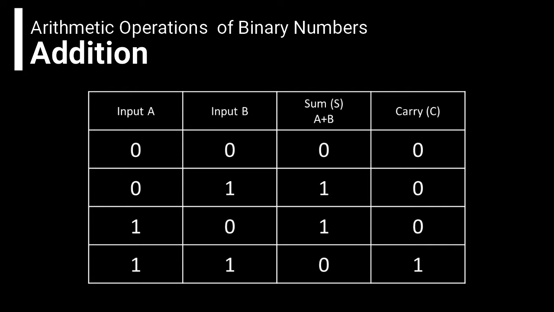First, 0 plus 0 is equal to 0 and the carry will be 0. 0 plus 1, the sum will be 1 and carry will be 0. 1 plus 0 is 1 and carry will be 0. Next, 1 plus 1 is not equal to 2 because the binary system has only two digits, which are 0 and 1. And therefore, 1 plus 1, the sum will be 0 and we have the carry 1.